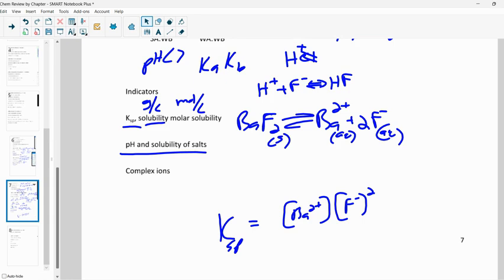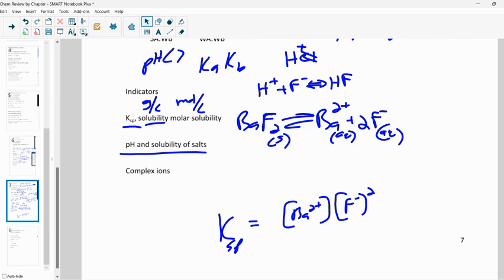What happens to my concentration of F minus as I add those H's to it? It decreases. So now, by Le Chatelier's principle, I'm going to get more of the BaF2 to dissolve. So this will be more soluble in an acidic solution. Again, I don't expect a ton based on that.